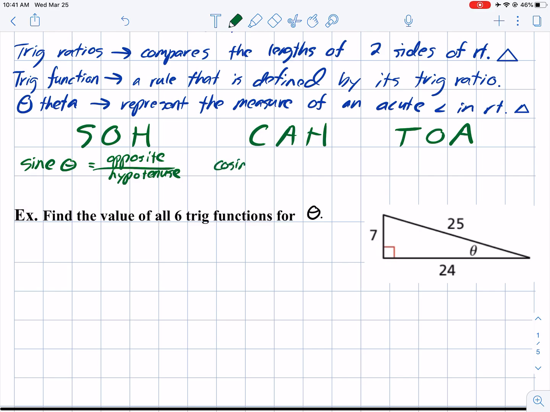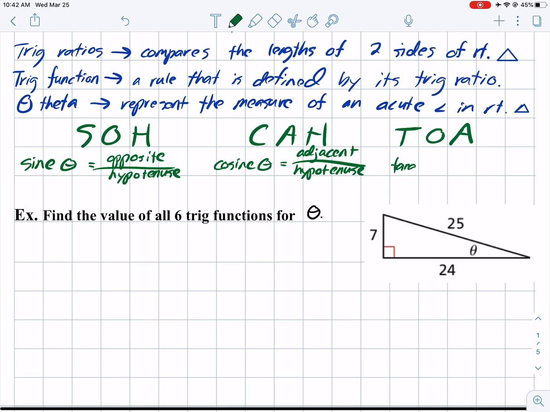Cosine of theta is the adjacent side, meaning right next to, over H, standing for hypotenuse. And last but not least, tangent of theta, which we already know what O and A stand for, so I'm just going to abbreviate opposite over adjacent.